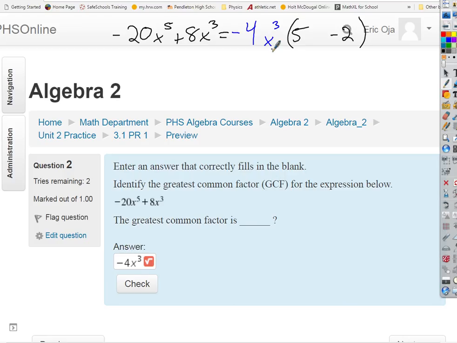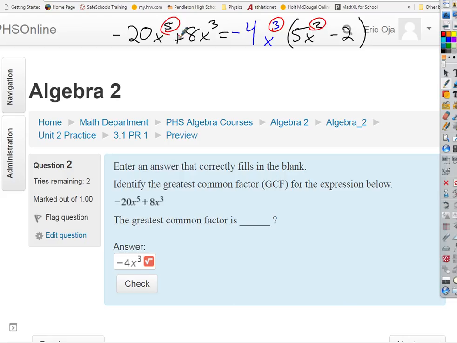So a string of 3 x's multiplied together times a string of how many x's would give me a string of 5? 2, right? And so the answer is going to be x squared. And remember, these 2 numbers have to add up to 5, when they're exponents. When you multiply like bases, you add the exponents, right?